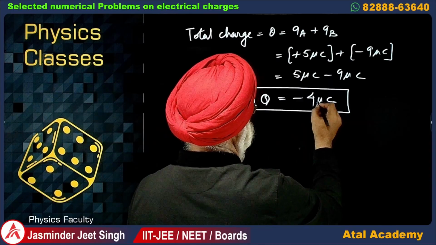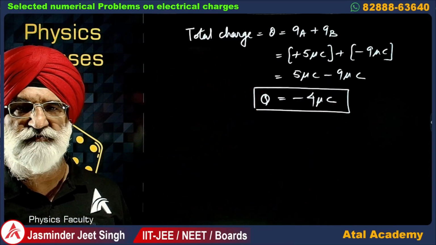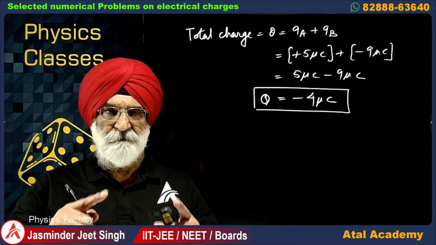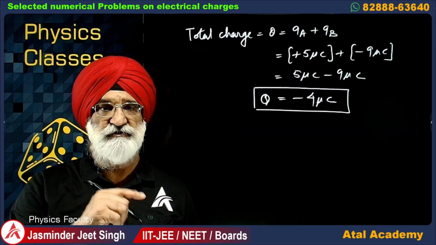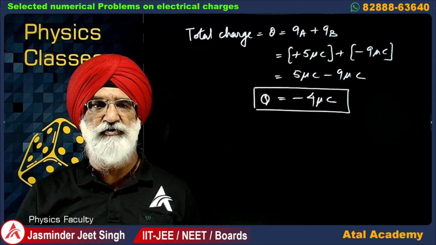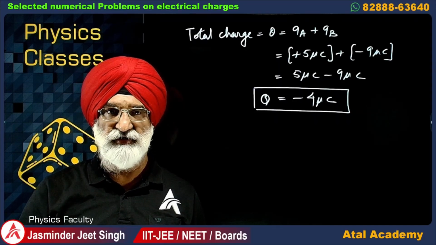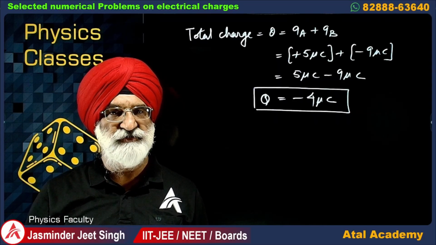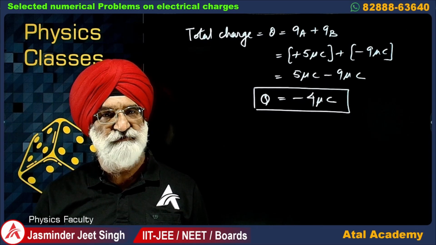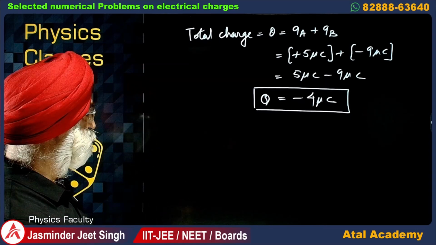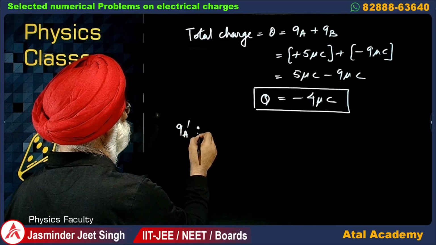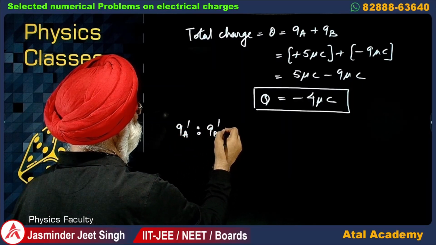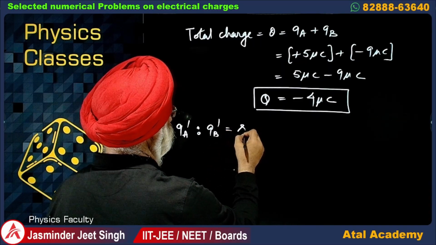Now when this charge of minus 4 microcoulomb is to be redistributed, the charges are to be redistributed in such a way that the final charge will depend upon their radius. More the radius, more will be the final charge. Less the radius, less will be the final charge. So the final charge on conductor A, QA dash, and the final charge on conductor B, QB dash, will depend upon the radius.